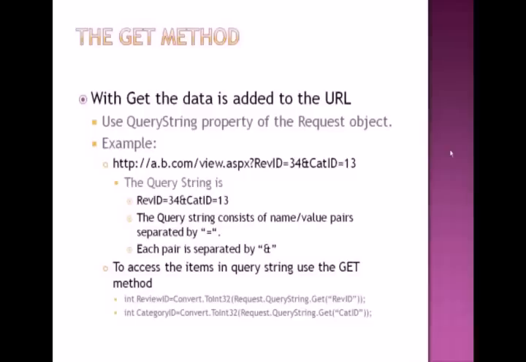You change the string that you read with the get method into an integer, because you're expecting an integer number, and your variable here is review ID. You use the request object, its query string property and the get method, and what you request is rev ID, which is the ID of that particular text box on the form. I'll show you how it actually works.